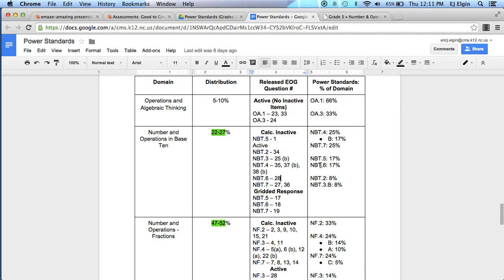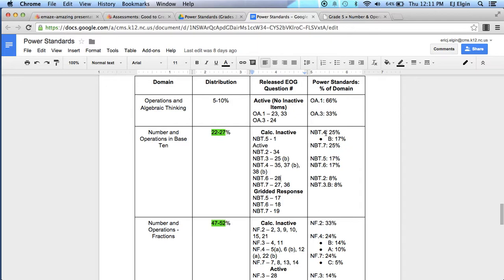So that means on the test that you've given, you're right to only have NBT 5 and 6 represented. Great. You didn't need 2 and 3 to show you scaffolding or student misunderstanding because they don't lead to better mastery of 5 and 6.